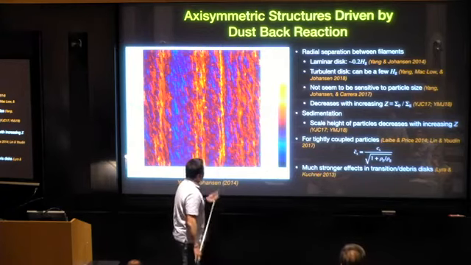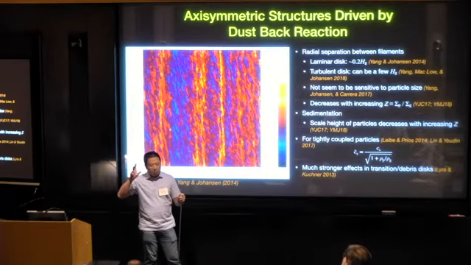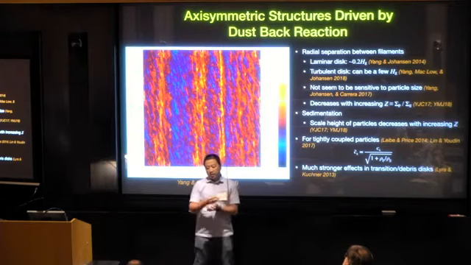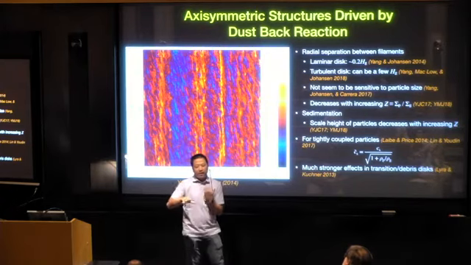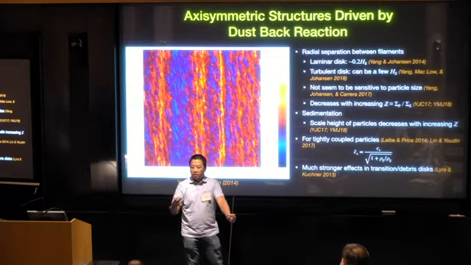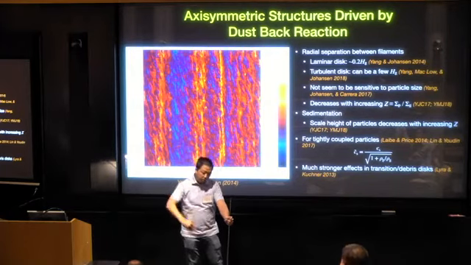So why does this happen? We can understand this intuitively, because Minkai also mentioned this effect. If you have a back reaction from the dust to the gas, you increase the inertia of the whole system, so it's hard to move things around. Your effective sound speed is therefore decreasing.